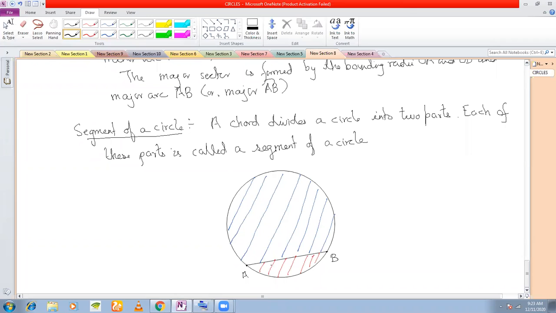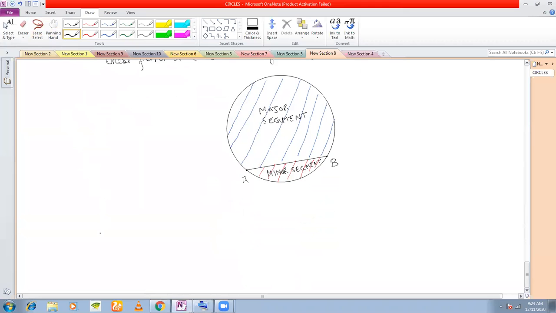This part is called the minor segment, and this part is called the major segment. So if the arc that is involved in a segment is more than half the circle, then it is called a major segment. Otherwise, it's called a minor segment. So that is what a segment means. Next, a very important definition is that of angle subtended by an arc of a circle.